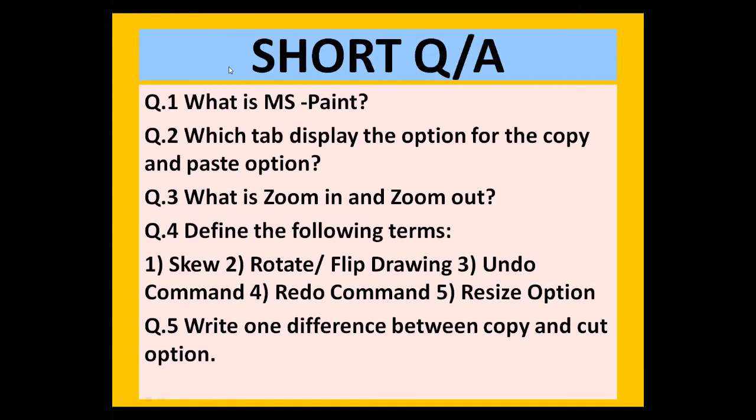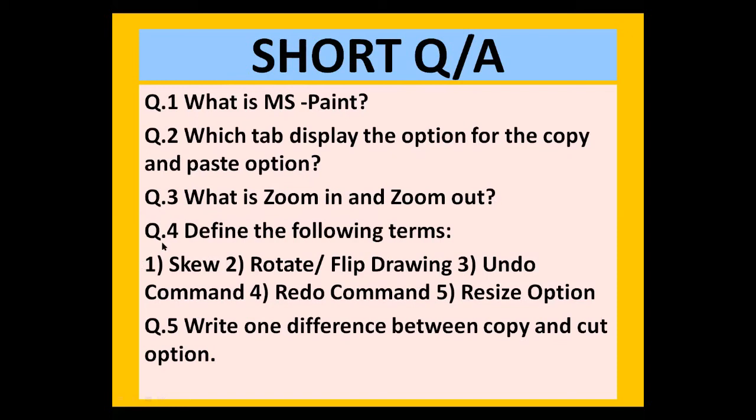On the next page, you will write down the heading: short question answer. Question number 1, what is MS Paint? Question number 2, which tab displays the option for copy and paste? Question number 3, what is zoom in and zoom out?